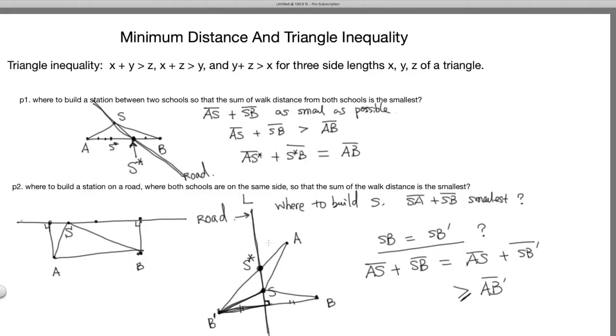All right, so this here uses this reflection principle, and by no means is this a simple question if you are seeing it for the first time. So please rewatch this if needed and really understand the point I'm trying to illustrate here.